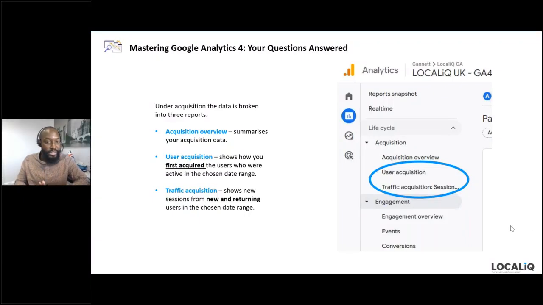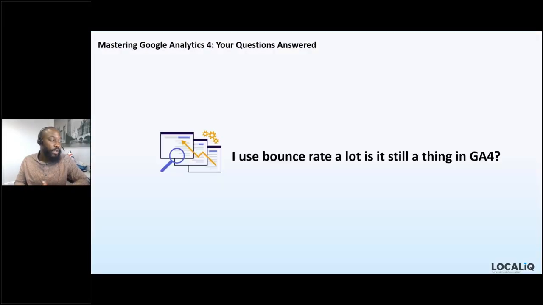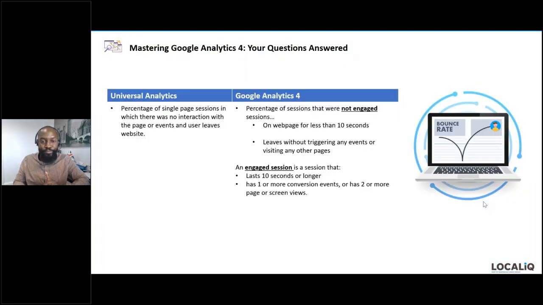So that's the difference. And another question that we get a lot is, I use bounce rate, and so is that still going to be a thing? The answer is, GA4 looks at bounce rate and how users interact with the website a little bit differently than UA, and here's how.